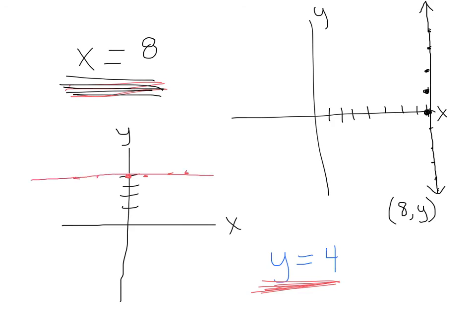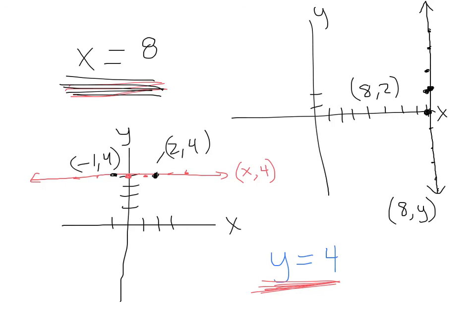Kind of counterintuitive here, but it makes sense because all of these points that are on this red line are of the form some idea for x, but the y value is always 4 if you're on this line. Hopefully that makes sense. Like this point here, this point is the point (2, 4), whereas this point right here is the point (-1, 4). Notice the y value is always 4. Just like up here, this value might be (8, 1), it might be (8, 2), but notice the x value, always 8.